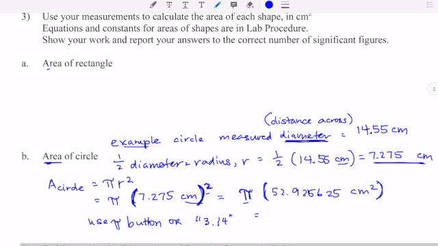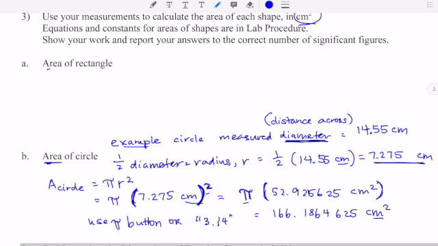I just used 3.14. The answer value will be close enough, especially after rounding. So this is 166.1864625 in centimeters squared. The units are centimeters squared; that would be the units for area.